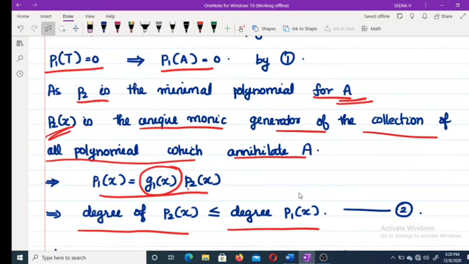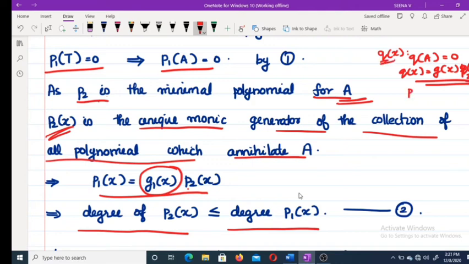Now p2 is the minimal polynomial for A. That means if q(x) is any polynomial such that q(A) equals 0, then q(x) you can write as g(x) times p2(x). This is the definition of a generator. But here, for q(x) we have p1. Therefore p1(x) you can write as some g1(x) times p2(x).